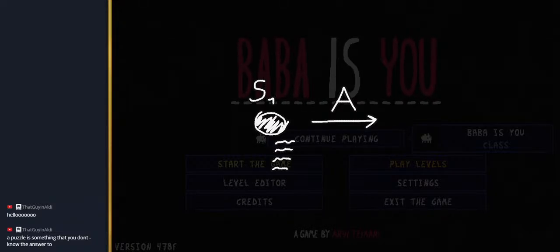So you go from, say, state 1 to state 2 with a different set of properties of said state. This is how we're going to define our puzzle state graph.